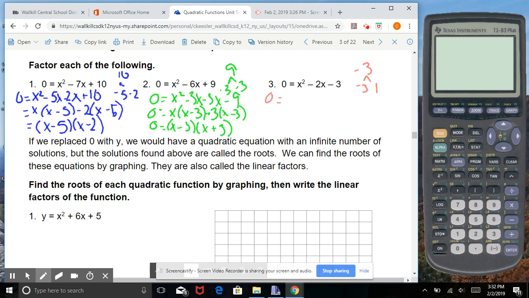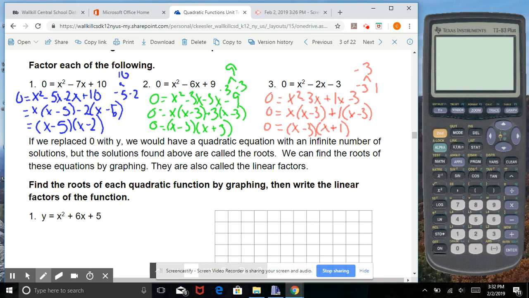Factor by grouping. 0 equals x squared minus 3x plus 1x minus 3, which gives us 0 equals x times x minus 3 plus 1 times x minus 3. So my linear factors, or my zeros, would be equal to x minus 3 times x plus 1. And if I were to solve that, I would get positive 3 and -1.